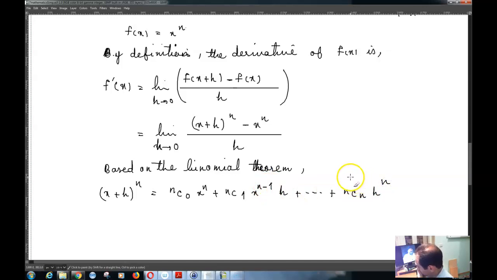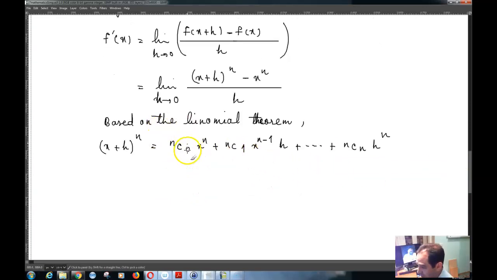And now n combination 0 is equal to n factorial over n factorial times 0 factorial.